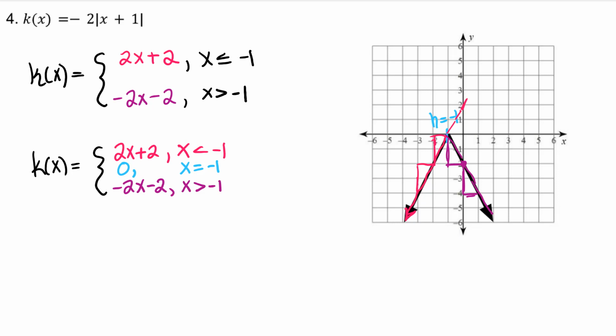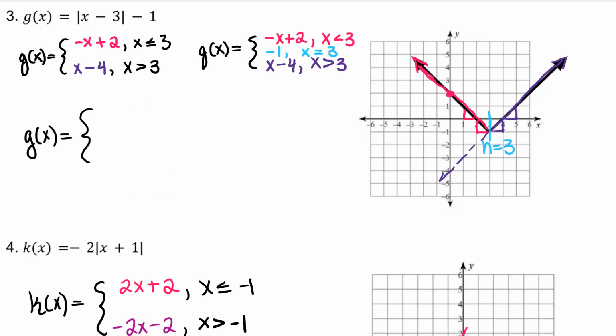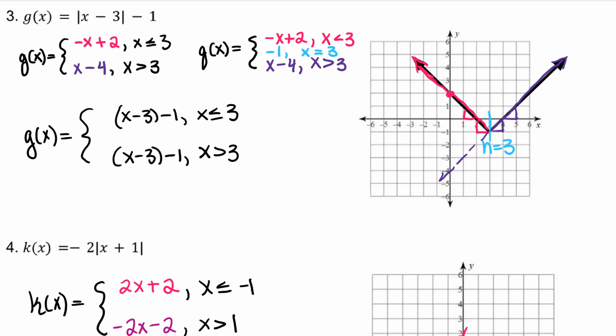But what if you don't have the graph, and you don't want to graph it out, and you just want to do this algebraically? How would we do that? Going back to number 3, go ahead and rewrite g of x without the absolute value and with parentheses instead. So we're going to multiply the slopes of the first piece by -1.